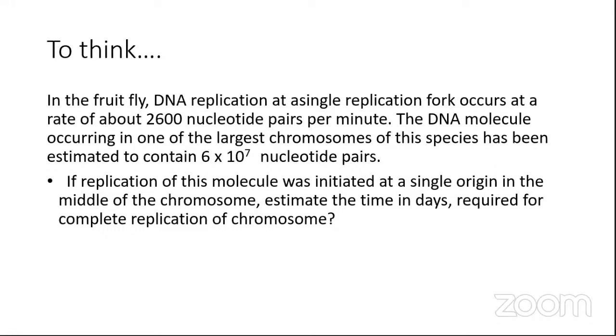Here you are given the speed, that is 2600 nucleotides per minute, and it is given that the total length of the chromosome is 6 into 10 power 7 nucleotide pairs. So they are asking what is the time if there is a single origin. Someone has raised their hand.